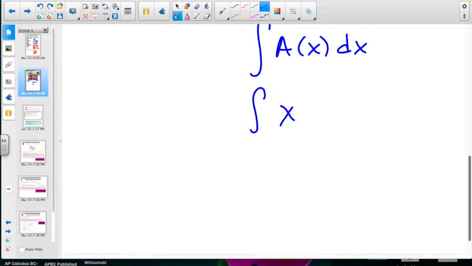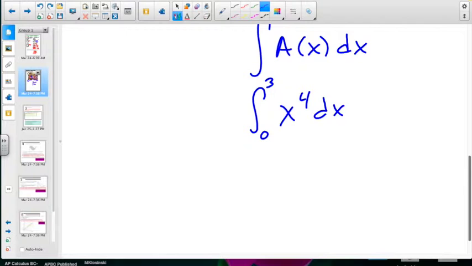X to the fourth dx. Where did we start accumulating the area? 0. I'm not quite sure where we ended. Let's just say we end at 3. How easy is it to integrate x to the fourth? Pretty easy, right?